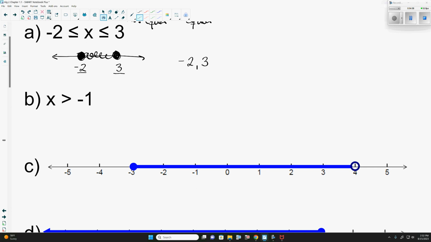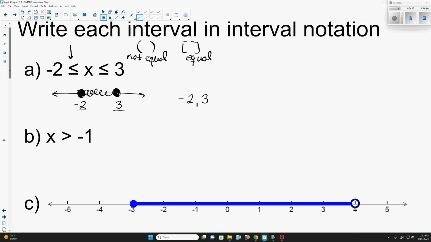So the one that goes next to the -2, would we put a parenthesis or a bracket? Yeah, a bracket, because it is equal to. And 3, it would be a bracket because it is included. Questions on this here?